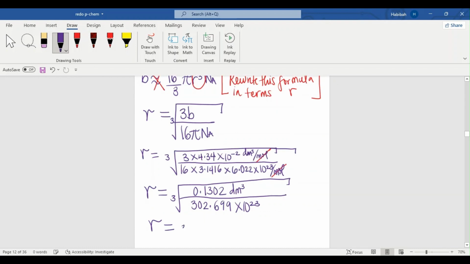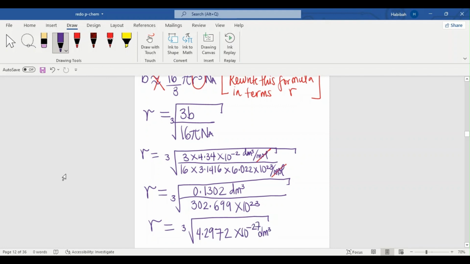Next we have the cube root of the division of what is inside the cube root. When we do that, we end up with 4.2972 times 10 to the power negative 27 dm cubed.